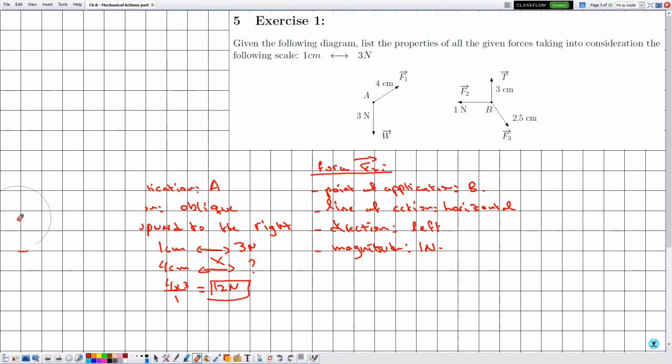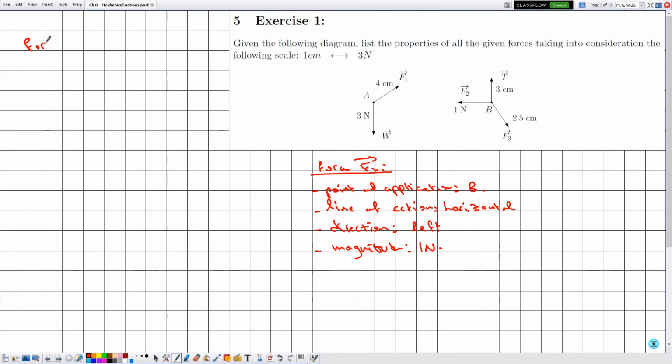Now it's left to list the properties of the other forces given by the tension T and the force F3. Let me start with the force F3. So the point of application, and recall that I'm always listing the properties in the following order.